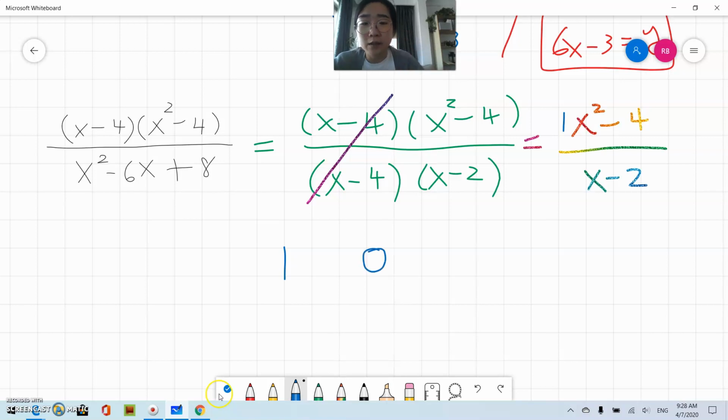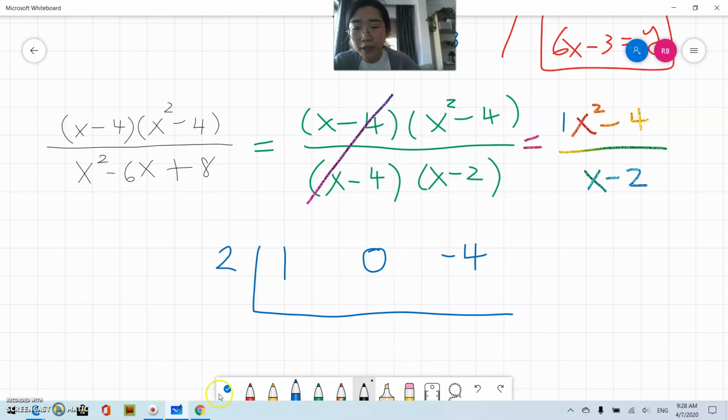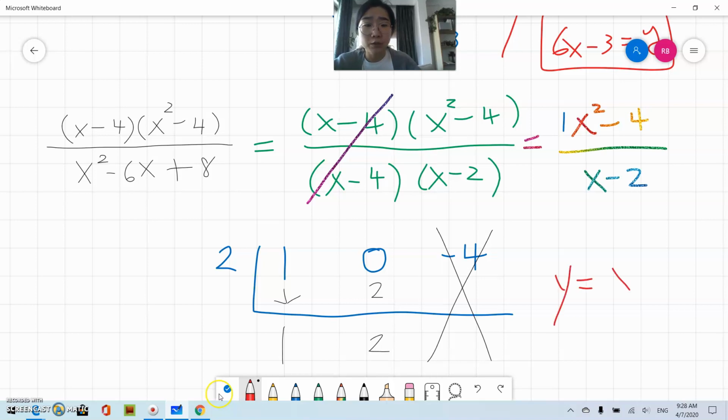That means the x coefficient is 0, and then you have negative 4 as a constant. And then x minus 2 has to equal 0, so x is 2. So you bring down the first 1, then you multiply 1 times 2, and then you add. And then I stop because I don't care about the remainder. So my oblique asymptote is x plus 2.